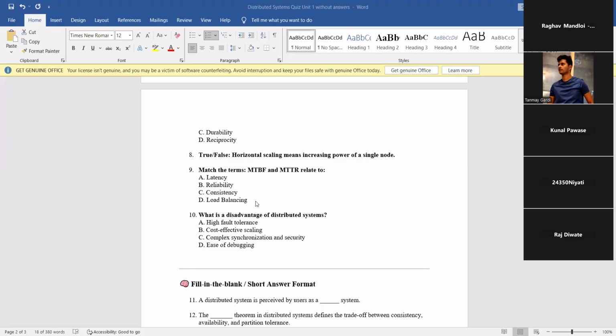Okay, so all of you quickly note what is MTBF? It is mean time between failures. It measures how long a system runs before a failure occurs.